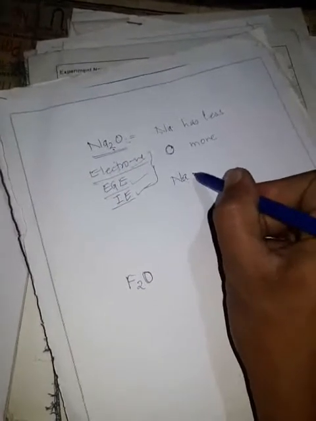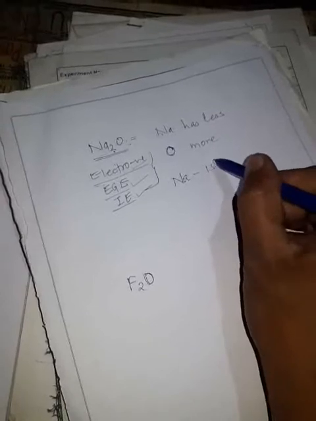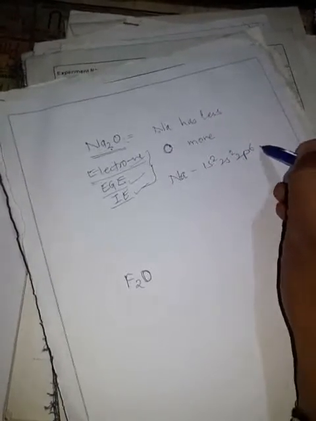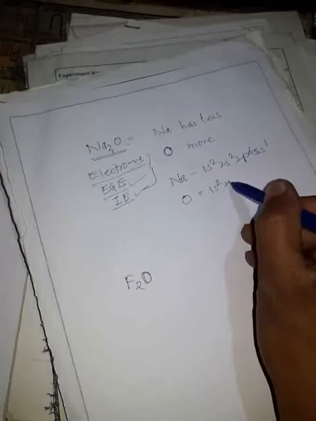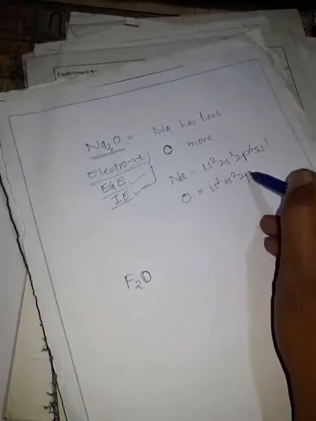So what happened? If you compare the electronic configuration, sodium has 1s2, 2s2, 2p6, 3s1, while oxygen has the electronic configuration 1s2, 2s2, 2p5.